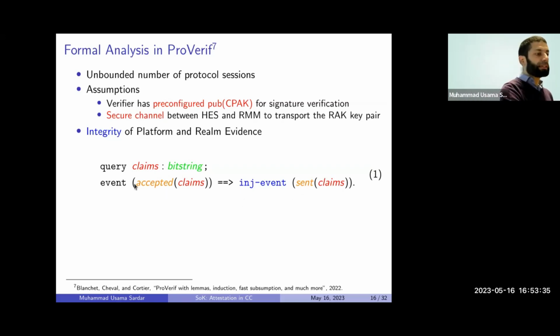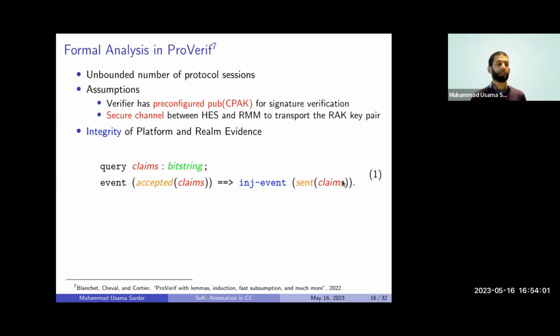So this query will then check that the claims which were in the sent event are the same as what was received at the acceptor, verifier, or the receiver, and they should be the same. So if they are the same, then this query will be verified.